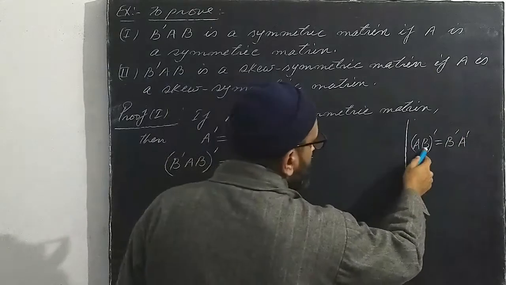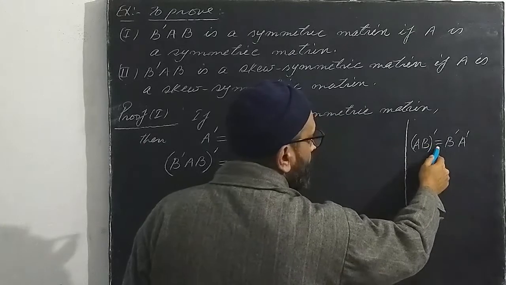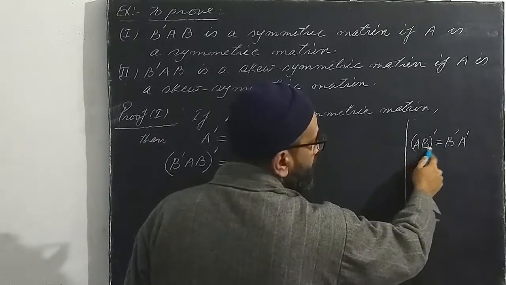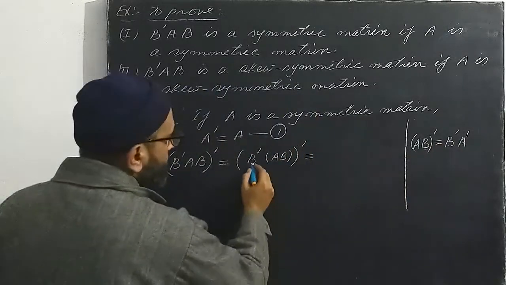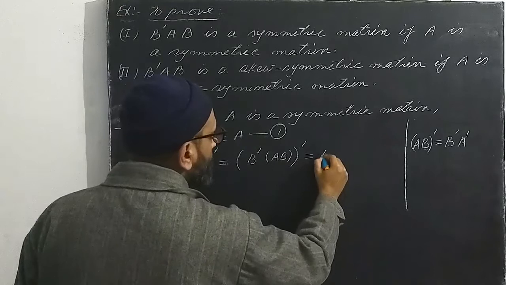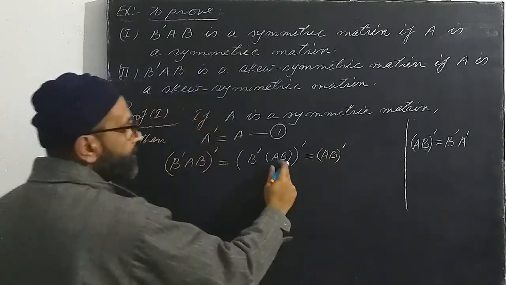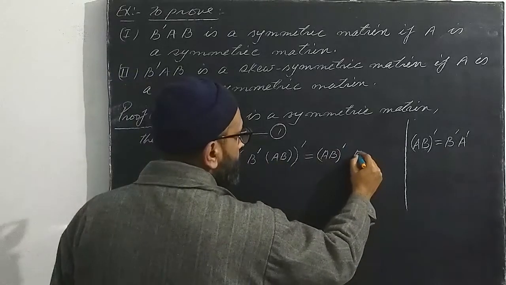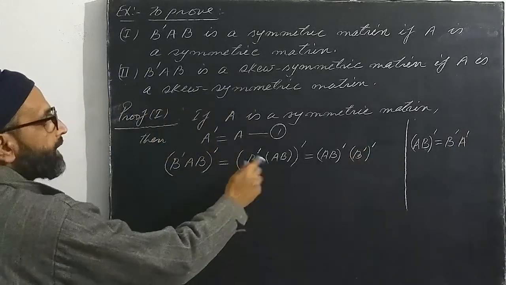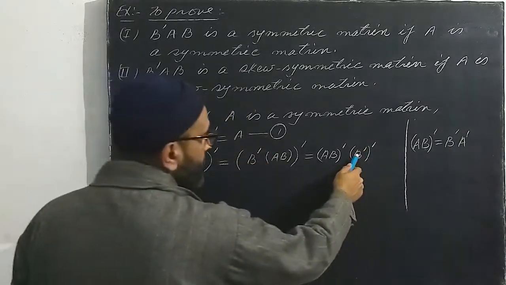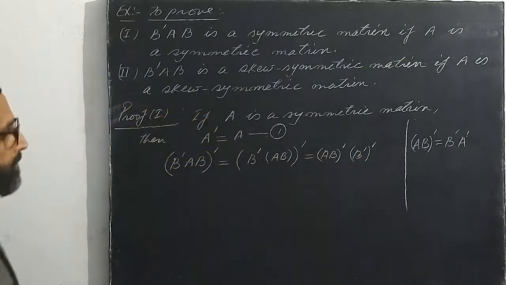If we take the transpose of the product of two matrices, that will be equal to the product of the transpose of the second multiplied by the transpose of the first. So using this property, this is equal to the transpose of the second, which is AB, that is (AB)', into the transpose of the first, that is B', so (B')'. Transpose of B' means double dash, the dash of B', because the dash represents the transpose of a matrix.